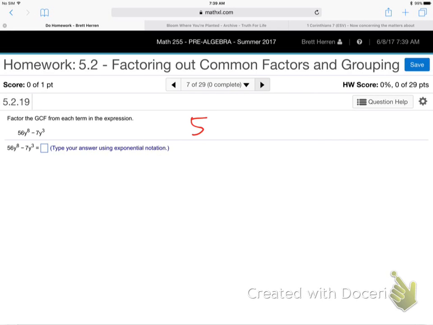Make it right here: 56y to the 8th minus 7y to the 3rd.